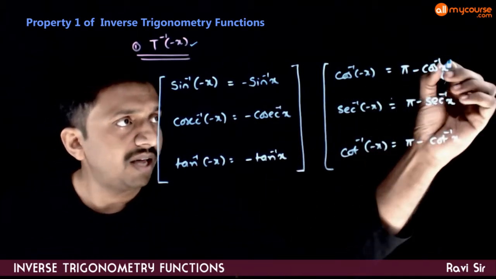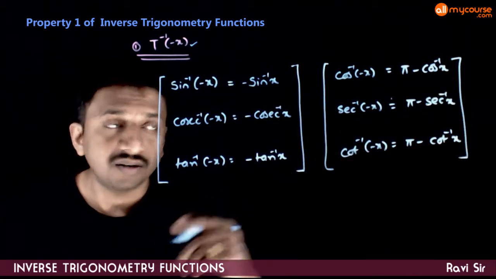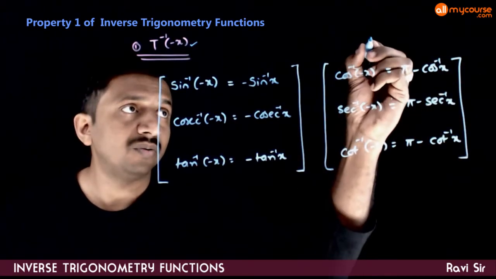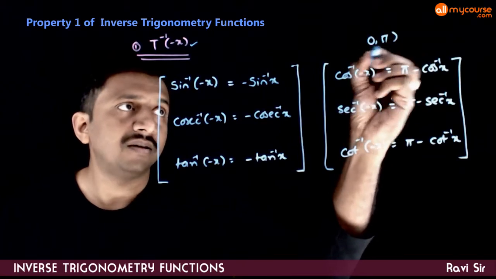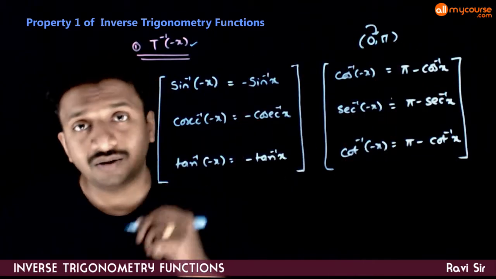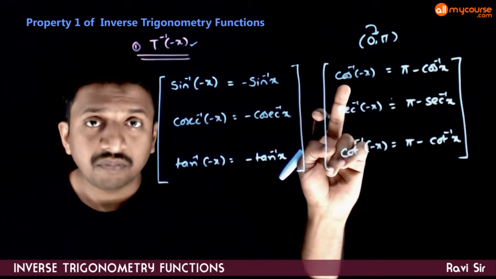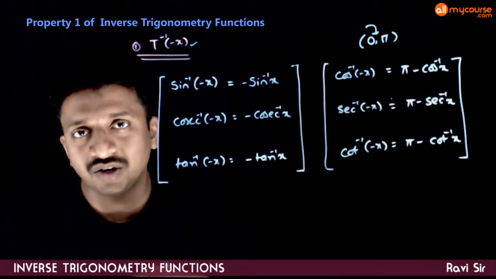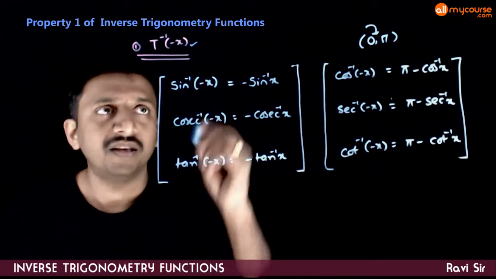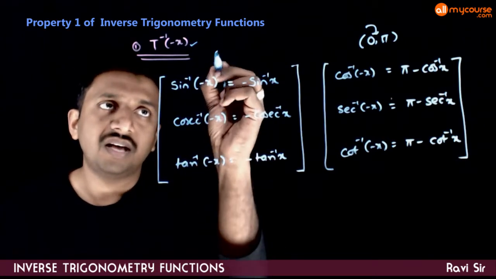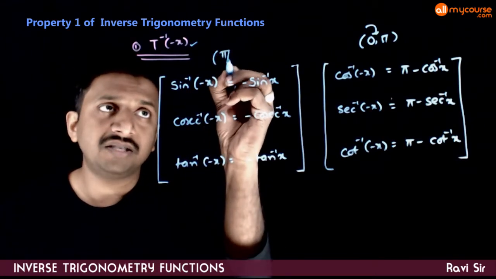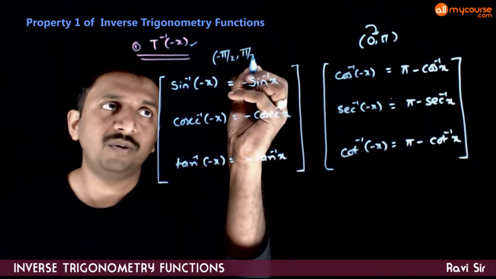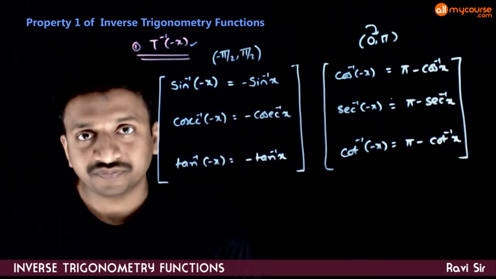So corresponding to the inverse trigonometric functions whose ranges are related to 0 to pi, we have cos inverse of minus x equal to pi minus the inverse trigonometric function corresponding to x. The other three functions have range related to minus pi by 2 to pi by 2.